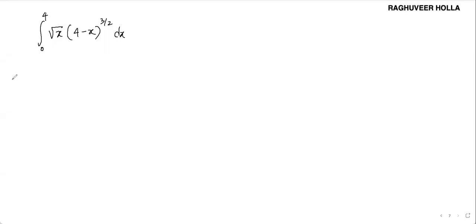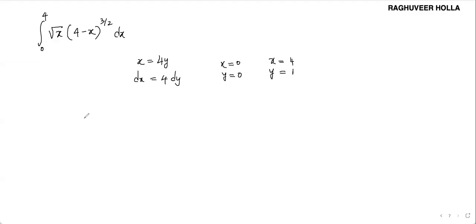So let us solve this. Now let us put x as 4y, so dx will be 4 dy. For x equal to 0, y is 0, and for x equal to 4, y is 1.